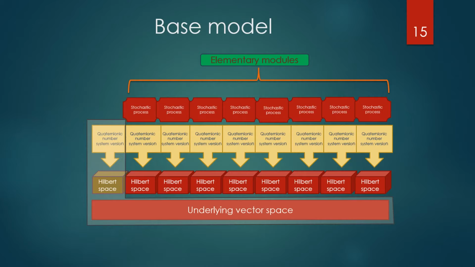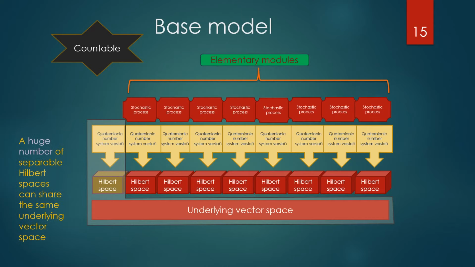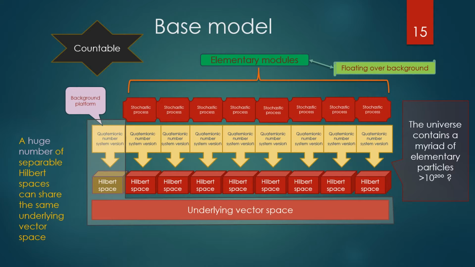A huge number of quaternionic separable Hilbert spaces constitute the final repository. These separable Hilbert spaces share the same underlying vector space. They distinguish in the version of the quaternionic number system that they apply to specify their inner product. In physical reality, elementary particles reside on the floating platforms and are represented by the eigenspace of a dedicated footprint operator.